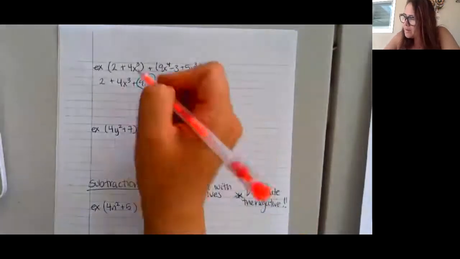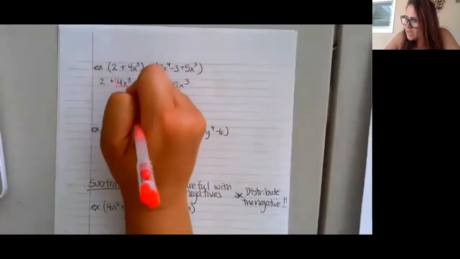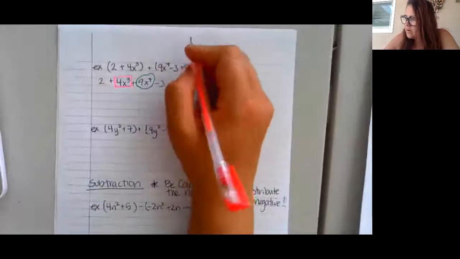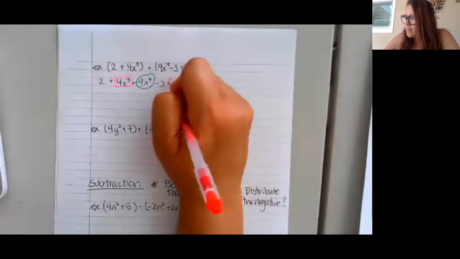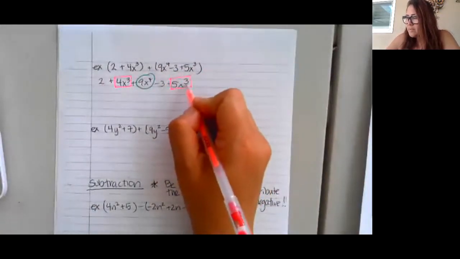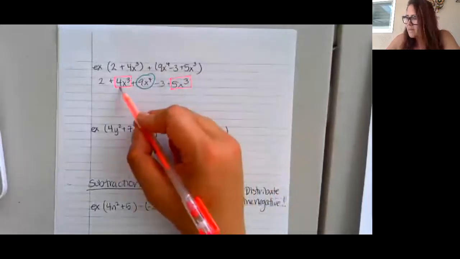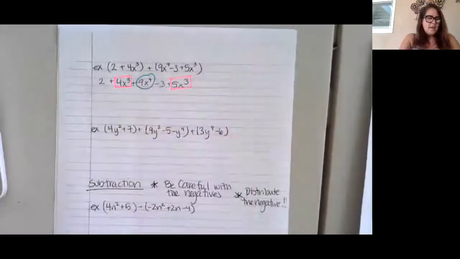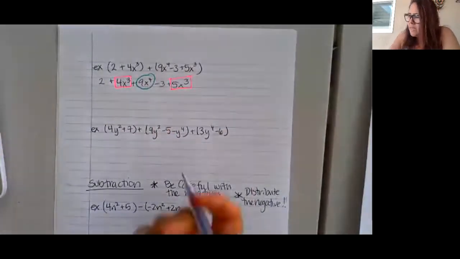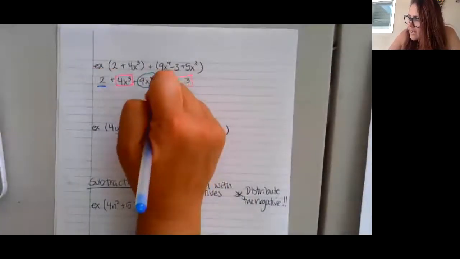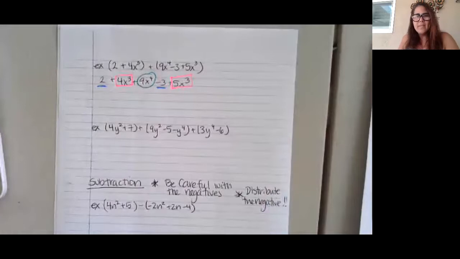And I'm going to put a pink rectangle around my x cubed terms, and I have 2 of them. I have these right here. And then I'm just going to put a blue line underneath everything else. And then I can see what I need.